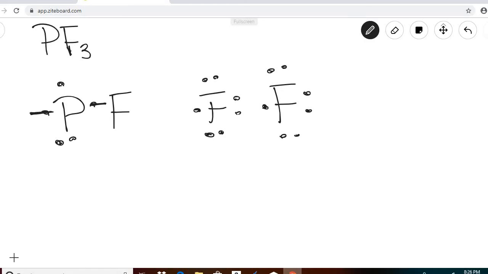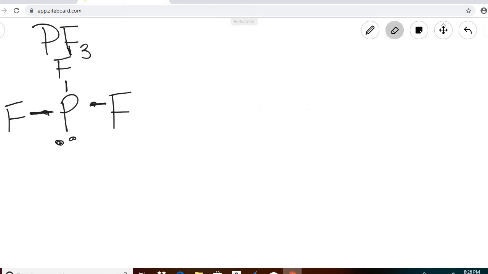I'll make the bond here, put another F over there, and then do the same thing up here. Okay, so that is what our Lewis structure would look like. And of course, you'd have to draw the rest of the valence electrons on the fluorines if you're drawing Lewis structures.